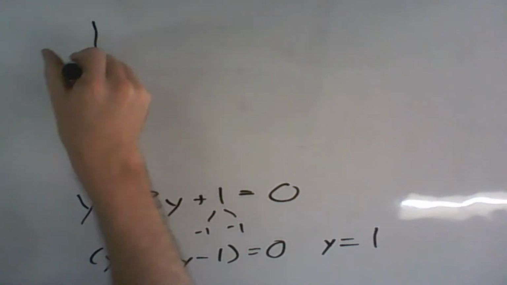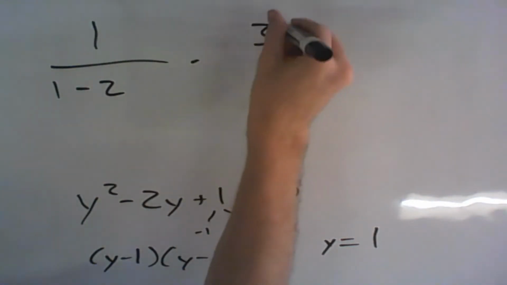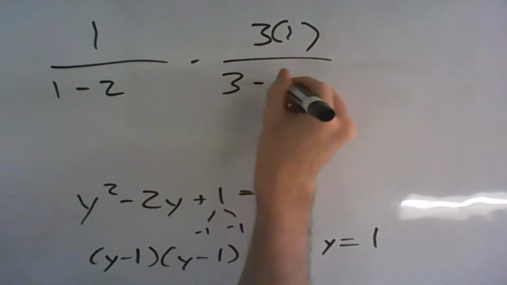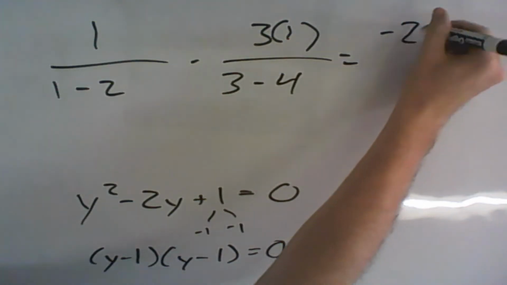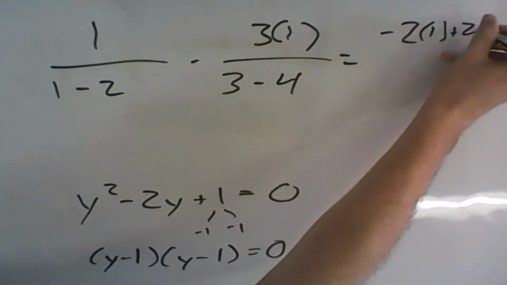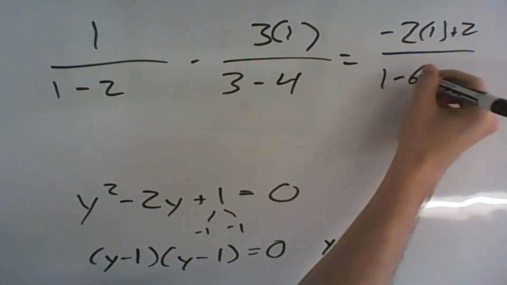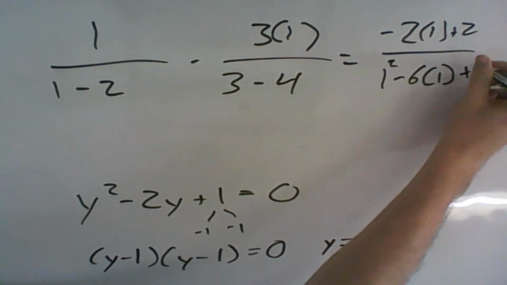Okay, so we put 1 over 1 minus 2 minus 3 times 1 over 3 minus 4 equals negative 2 times 1 plus 2 over 1 squared minus 6 times 1 plus 8.